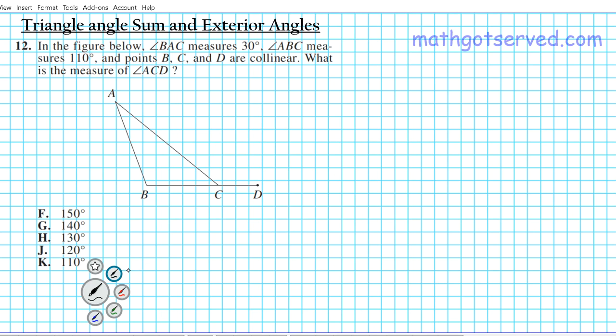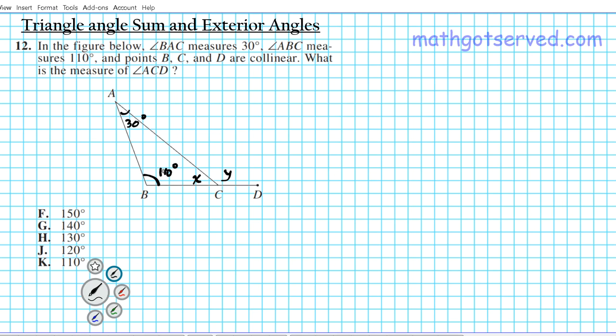So let's label what we have. Angle BAC is 30 degrees. Angle ABC is 110 degrees. Angle ACD is what we're looking for, so let's call that Y. And then let's call angle BCA X. All right, so how are we going to go about solving this problem?